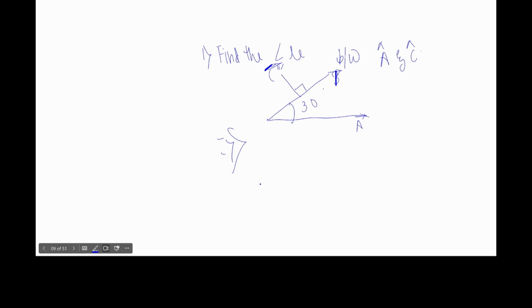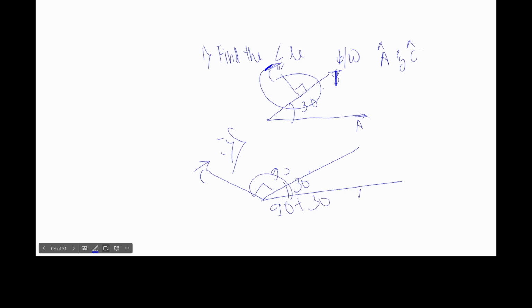In the previous video we studied the laws of vectors. So what I can do is shift vector C to the base out here. I know that this is 30 degrees and this is 90 degrees, so I can add 90 plus 30 to give me the complete angle.